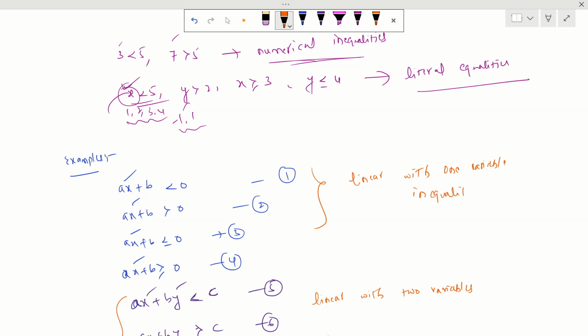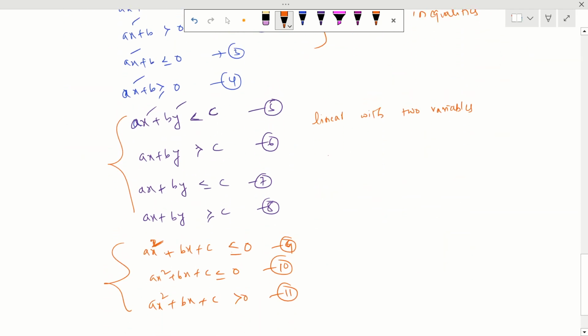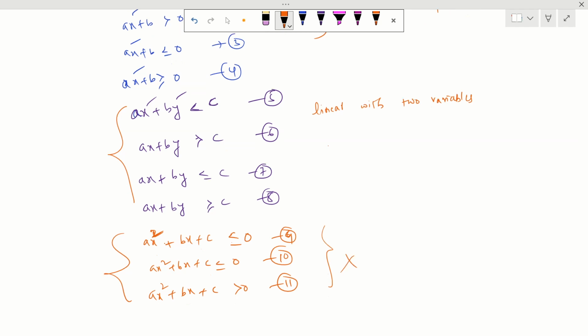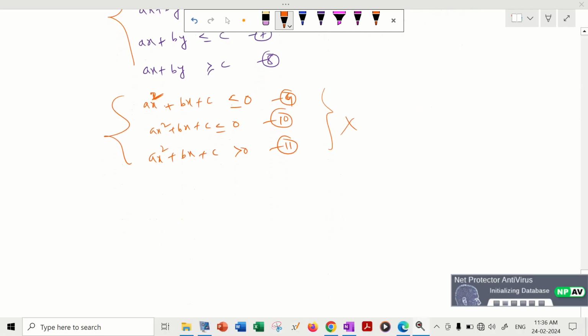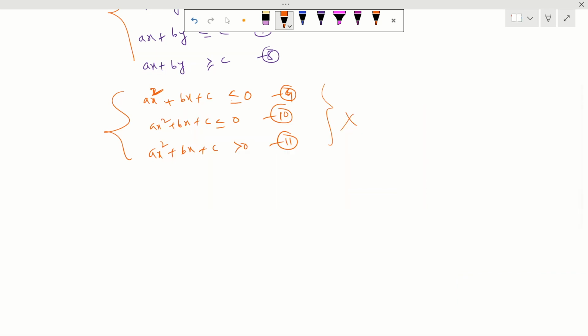So in your syllabus we are only interested in linear, so the non-linear is not in your syllabus, okay? We are only interested in linear type of inequalities.